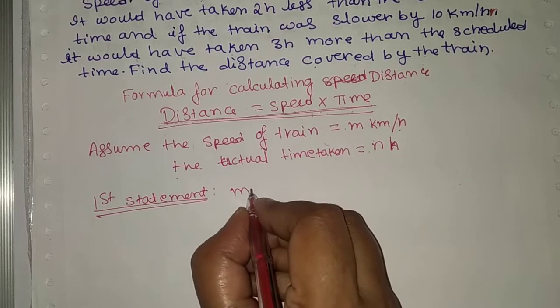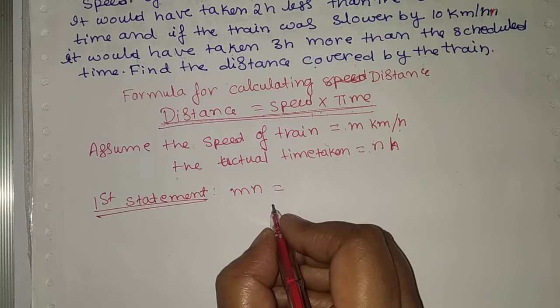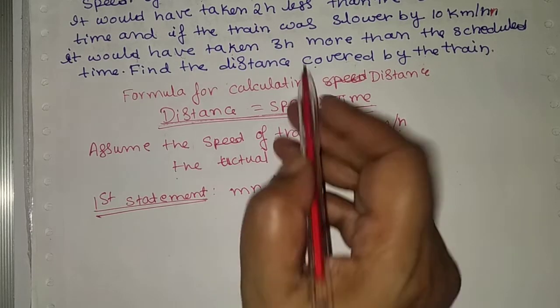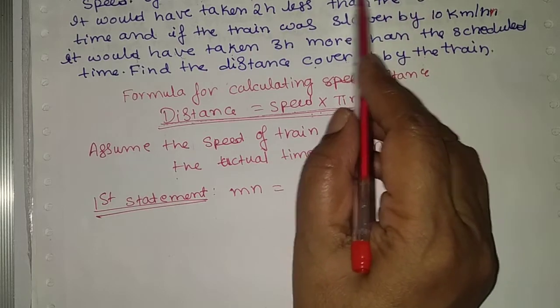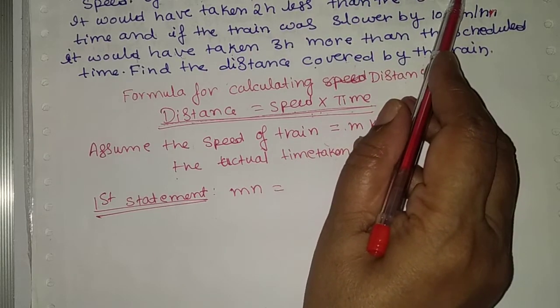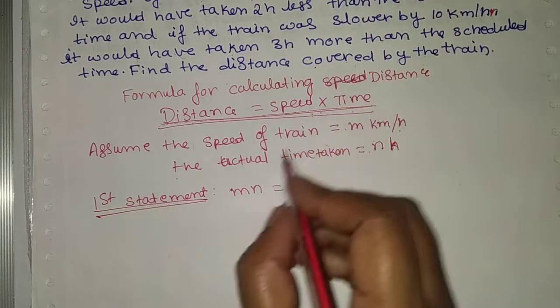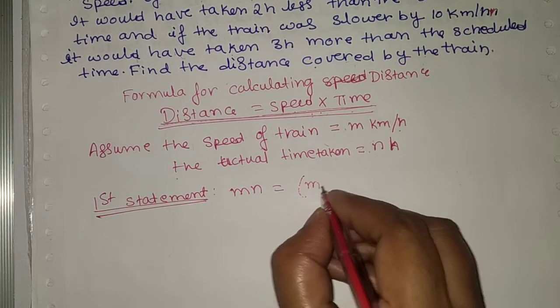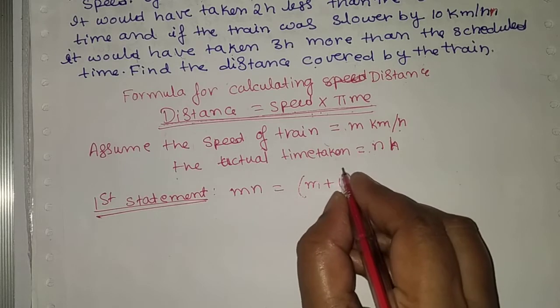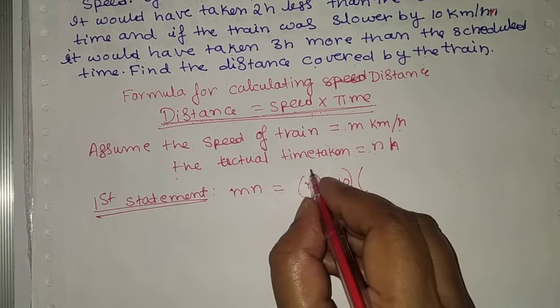Write down m into n is equal to, see the statement: in the first case, the train would have been 10 km faster. So the speed is m plus 10.